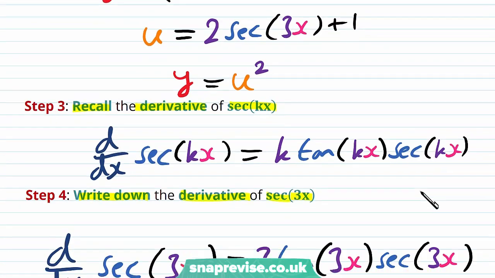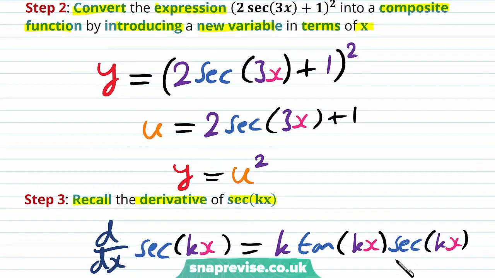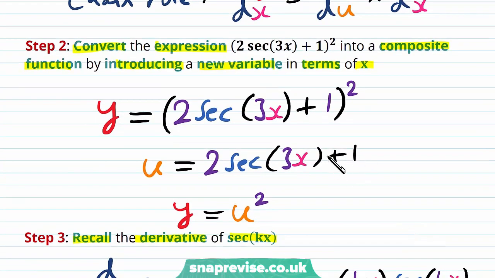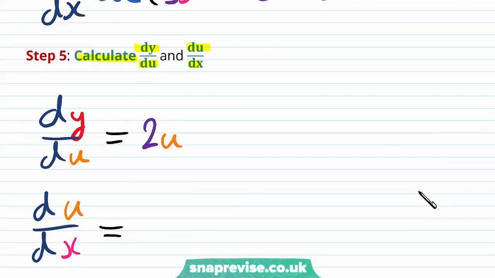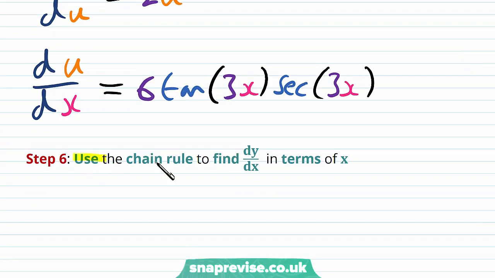And so all we need to do is multiply the rule for the derivative of sec of 3x by 2 on both sides, because the plus 1 differentiates to 0. And so we get 6 lots of the tan of 3x multiplied by the sec of 3x. Our sixth step is to use the chain rule to find dy by dx in terms of x.